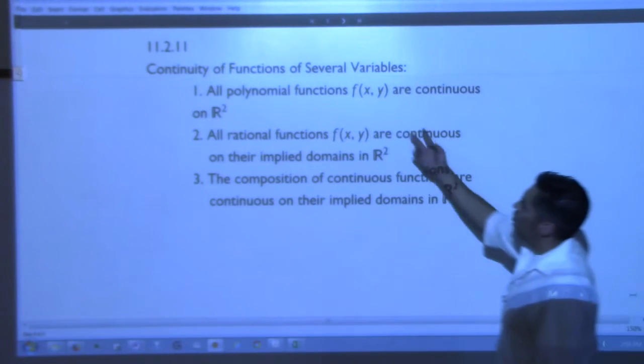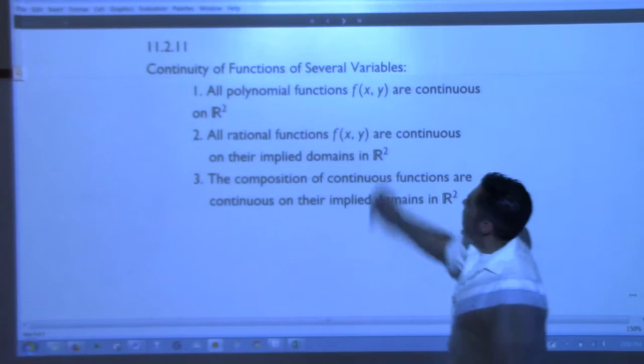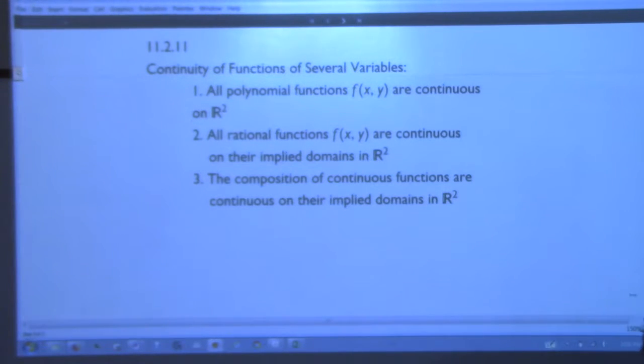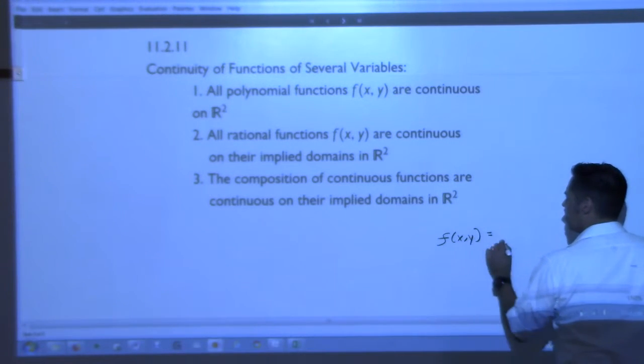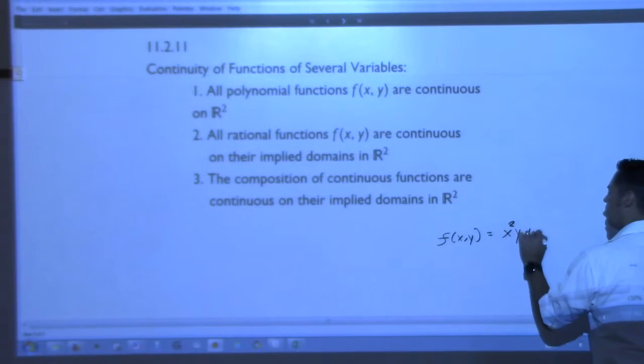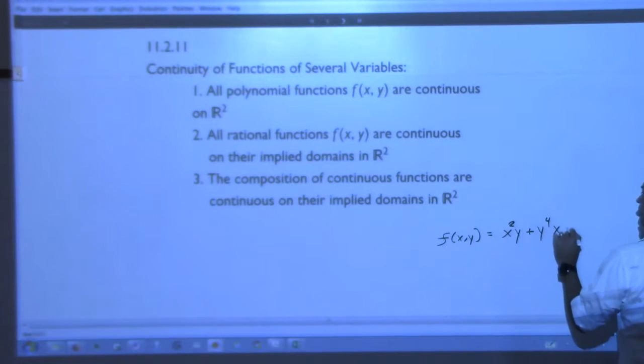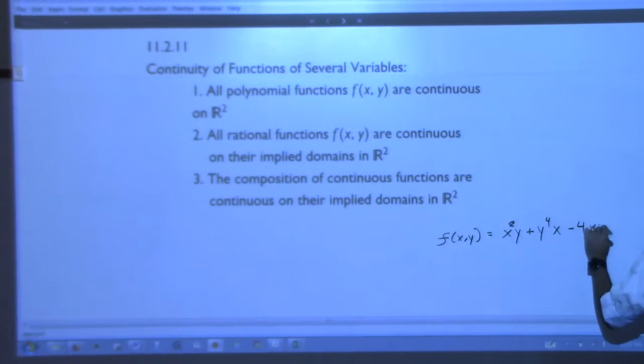So all polynomial functions f of x, y are continuous on the entire plane. So if someone gives you a function f of x, y equal to x squared y plus y to the fourth x minus 4x y to the fifth, that would be considered a polynomial function of two variables.